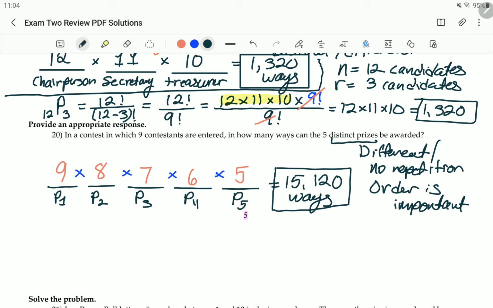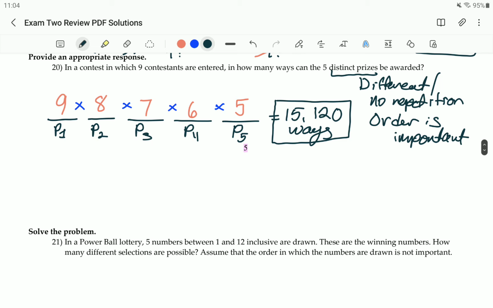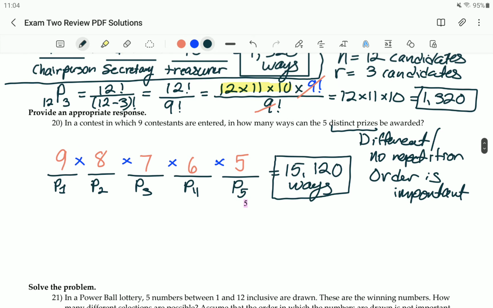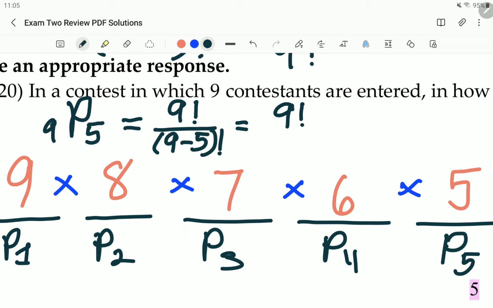We can also set this up as a permutation as well. I wonder, do I have any room to write it as a permutation? Not, I'll write it up here. The permutation of 9 contestants, choosing 5 for the prizes, is equal to, let's zoom in, 9 factorial divided by, in parentheses, 9 minus 5 factorial. 9 factorial over 4 factorial.